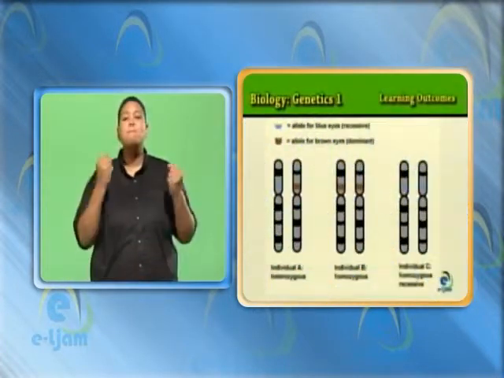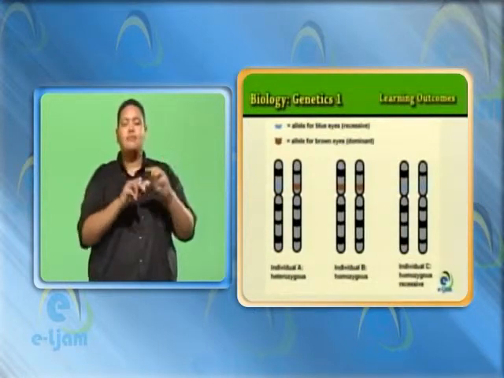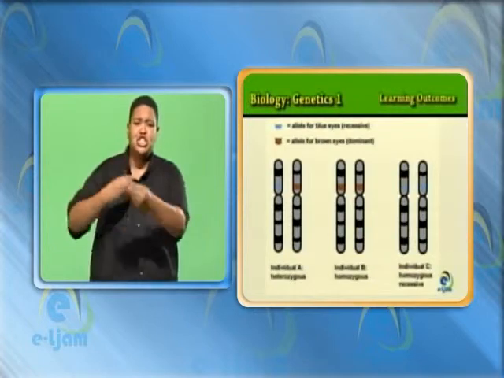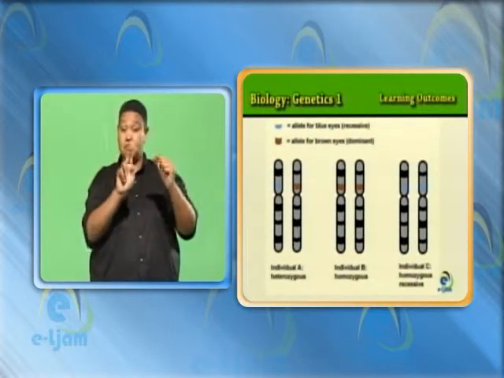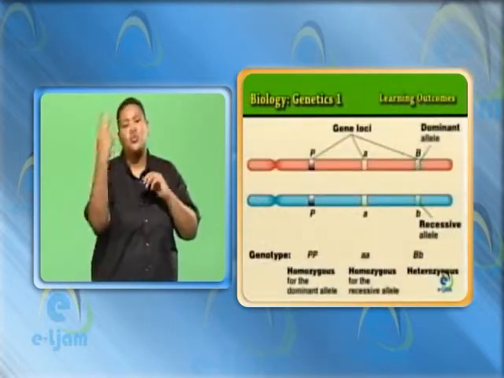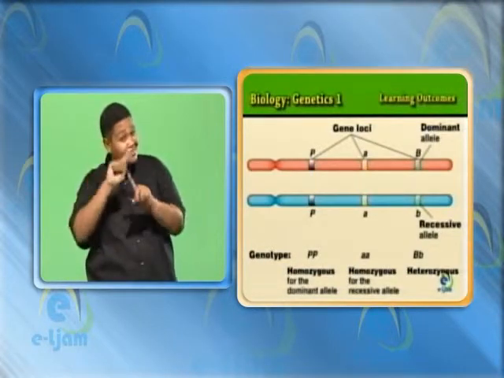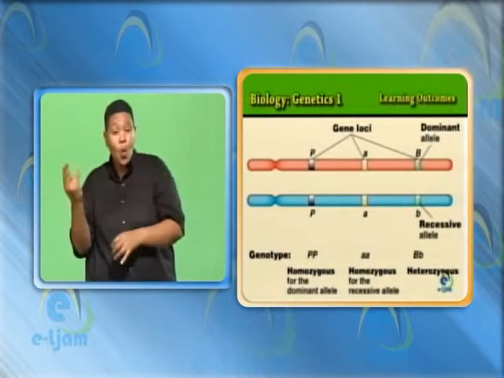Multiple alleles. So far, we have examined situations in which a gene may only have 2 alleles. Sometimes, however, there may be more than 2 alleles that can occur at a given locus. Of course, in any one individual, only 2 alleles can be present.